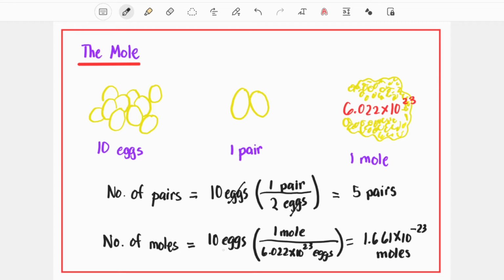Again, it's very important to track that the units cancel out. In this case, they do because the eggs are found both in the numerator and denominator. And I hope this really drives home the idea that mole, just like pair, is a measurement of how much of something there is. In this case, mole describes particles such as ions, atoms, or molecules.